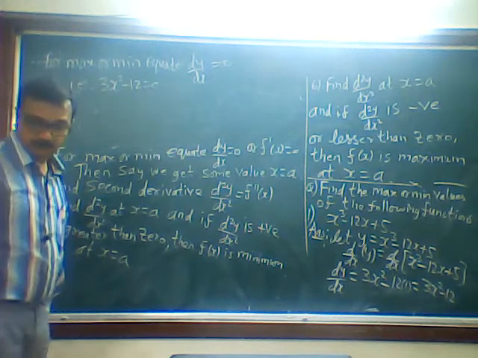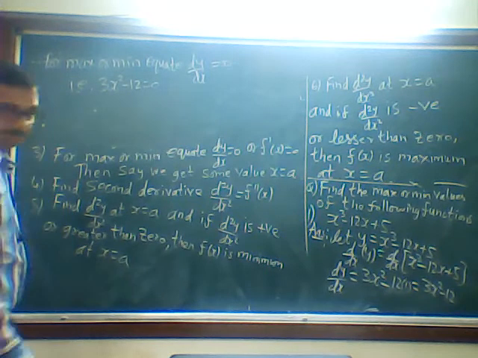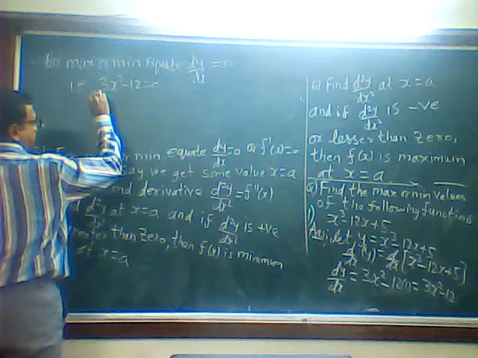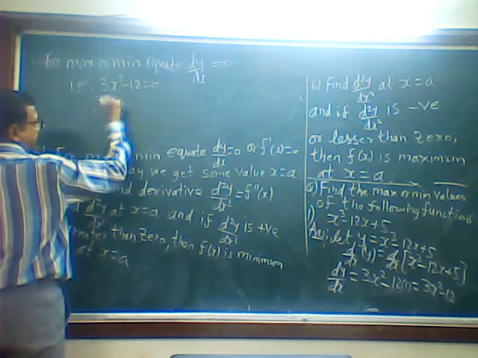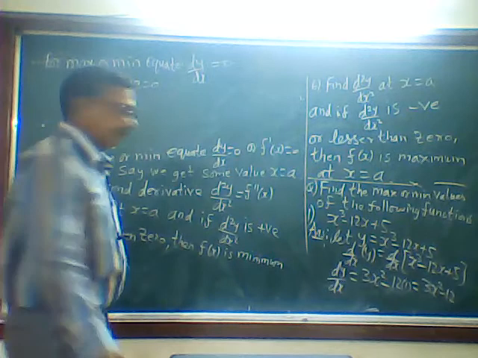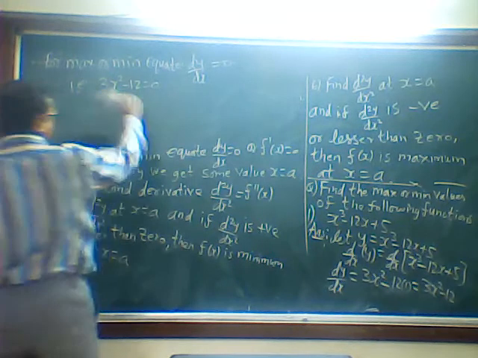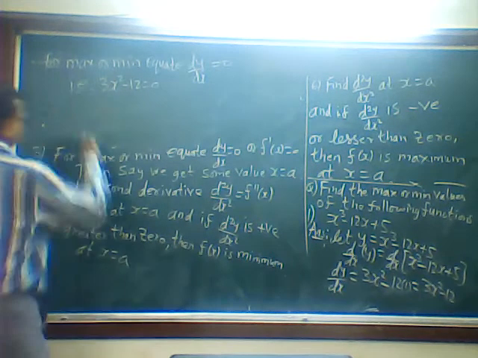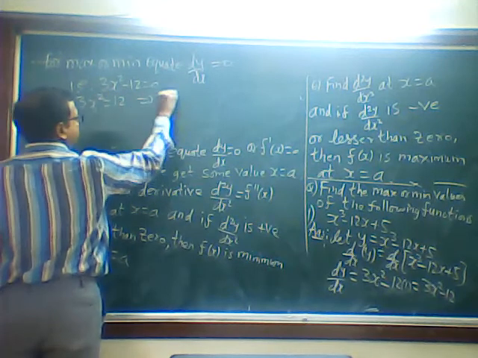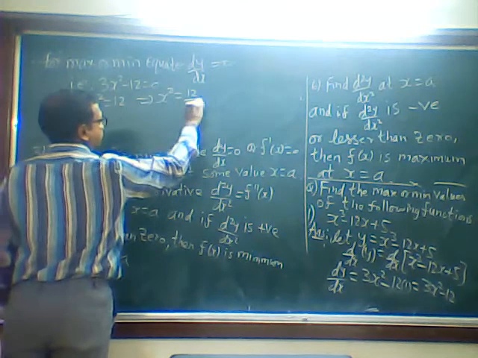Then what will we get? 3x square minus 12 is equal to 0. We can take 3 common here, otherwise we can equate it, it is one and the same. Instead of taking 3 common, I will set that 12 aside. 3x square is equal to 12. Therefore, x square is equal to 12 by 3.